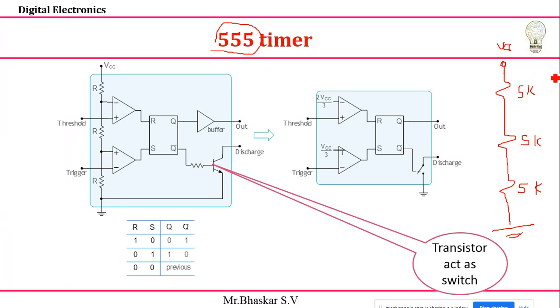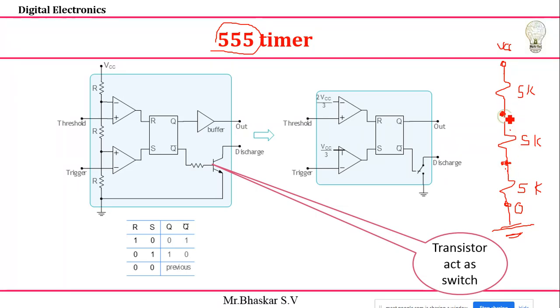What is the use of this? I am going to connect it to my VCC. We have three 5 kilo ohm resistors. According to the voltage divider rule, it maintains some potential after each resistor. In this case we have some potential here, here also, and here also. Here, because it is connected to the ground, I'll get 0 volts. But what voltages will we get?